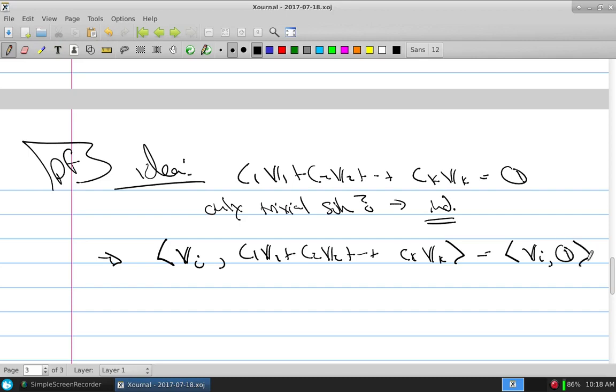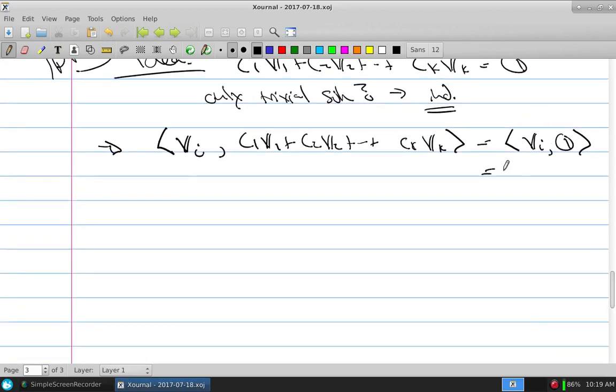If they're equal, their inner products have to be equal. Well, that's pretty easy. What's any vector's inner product with a 0 vector? 0. Now, what's the nice thing about inner products? They respect linear combinations, so this is C1 times the inner product of vi and V1, plus C2 times the inner product of vi and V2, plus Ck times the inner product of vi and Vk.